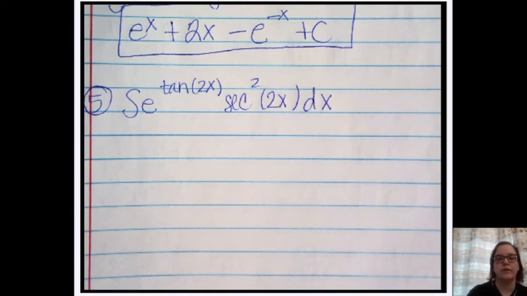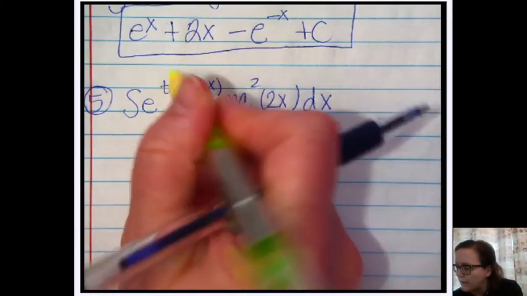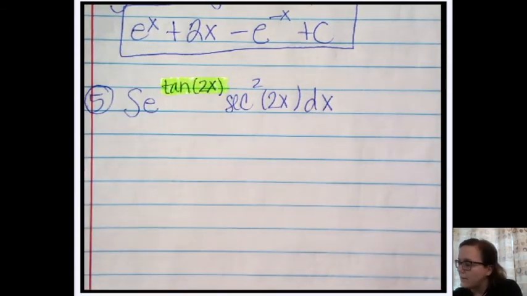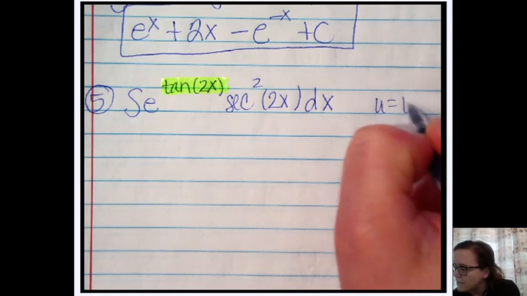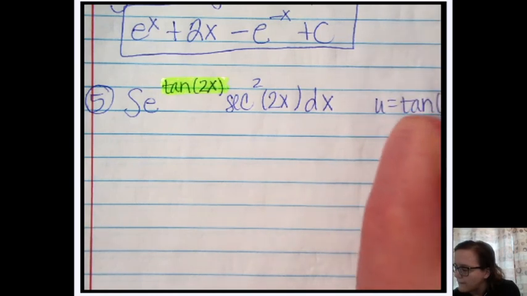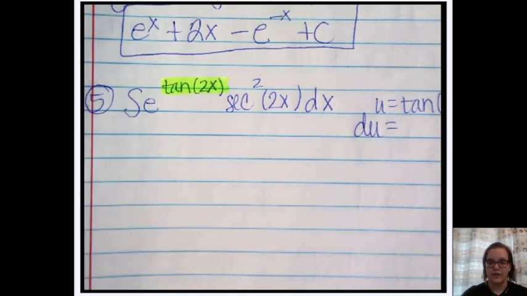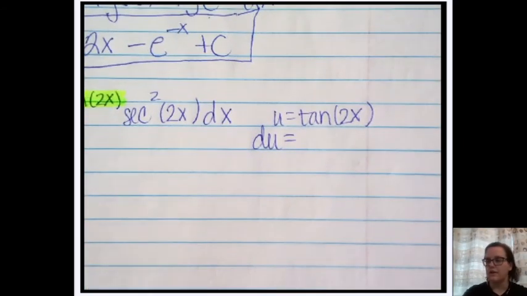Okay, since we're dealing with exponentials and we don't have a denominator, we do want to let u equal our exponent of the e. So let's let u equal tangent of 2x. Now all we have to do is take the derivative of tangent of 2x, which I know you probably don't know off the top of your head.